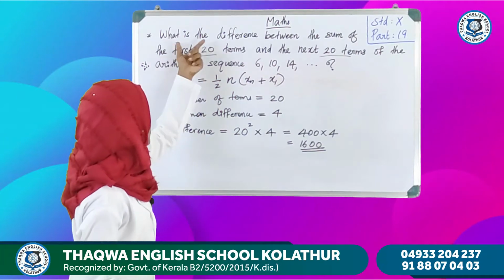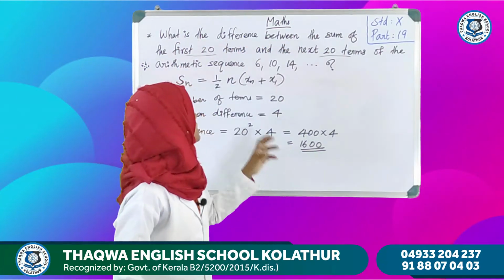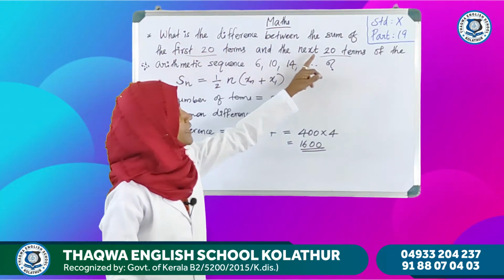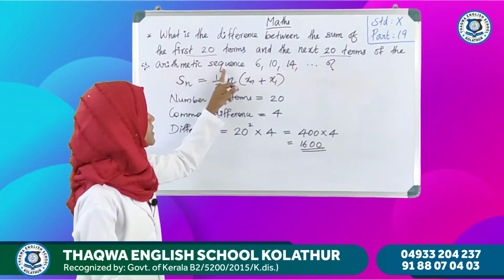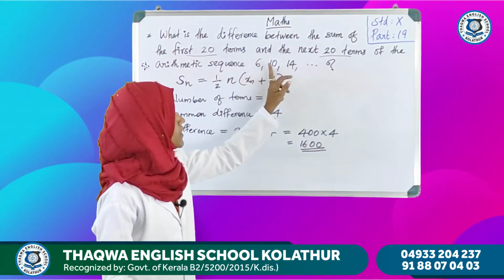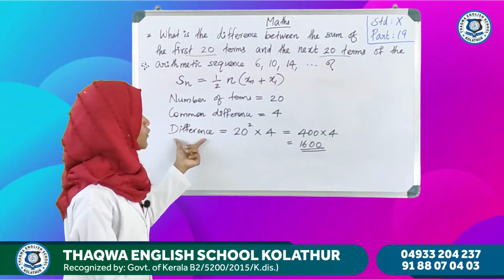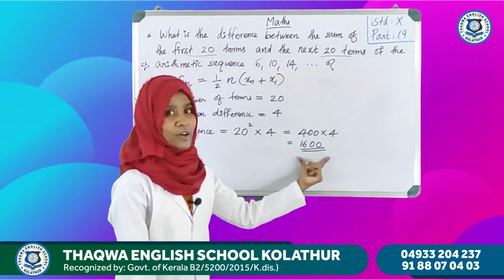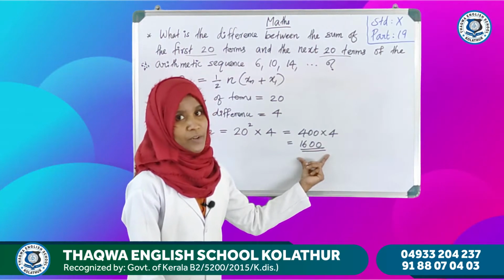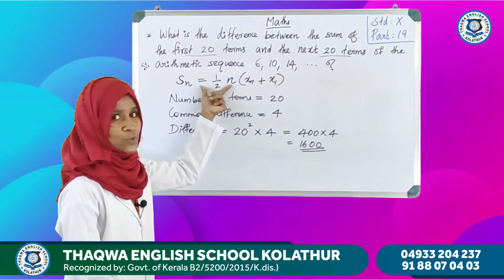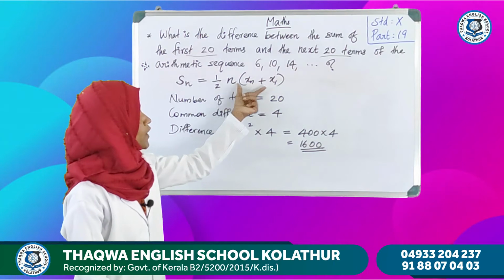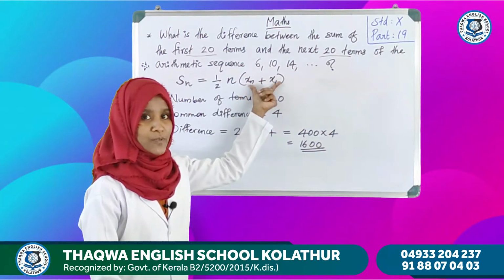Okay. So the difference between the sum of the first 20 terms and the next 20 terms of the arithmetic sequence 6, 10, 14, etc. is 1600. We don't want to use the equation half n into (xn plus x1).